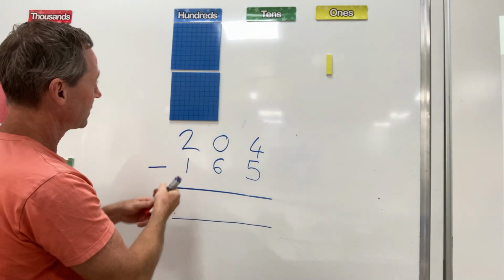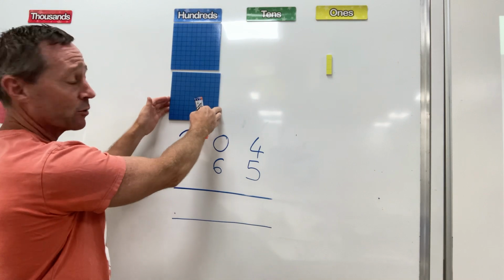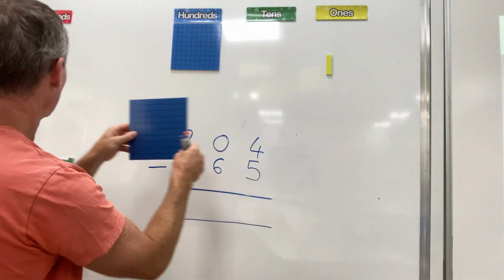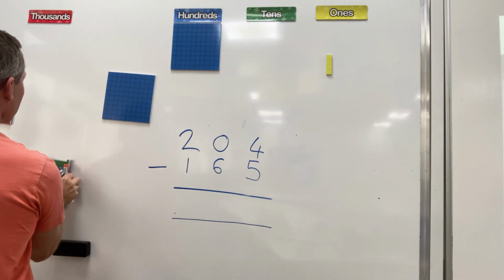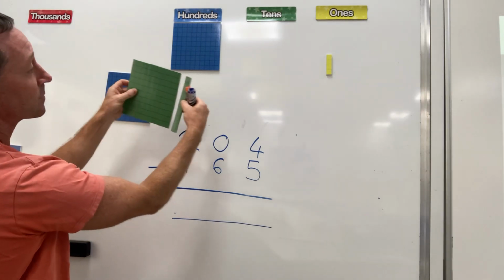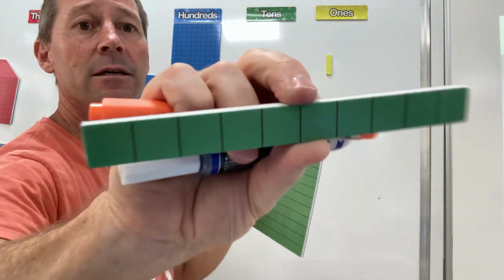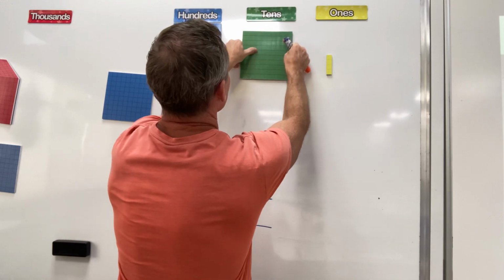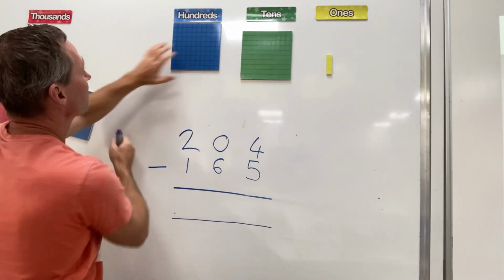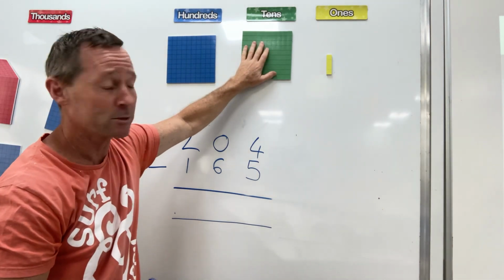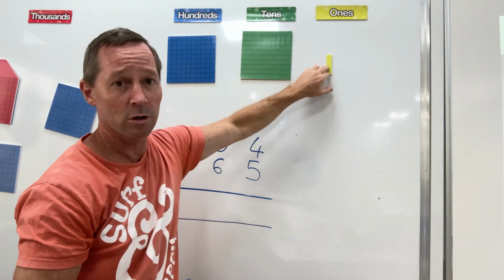So what I do there is I exchange or regroup this group of 100s for the equivalent, which is 10 groups of 10. So as you can see, these are in tens. So I'll place this here. What I now have is 100, 10 groups of 10, and 4 ones.